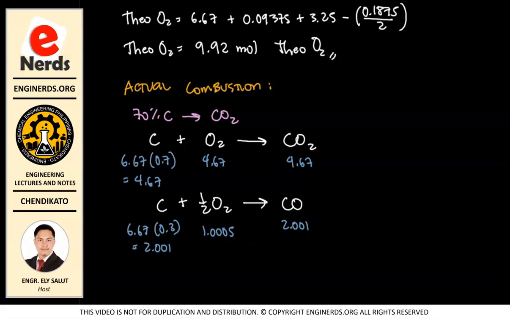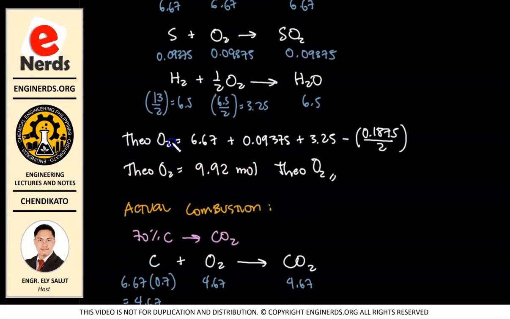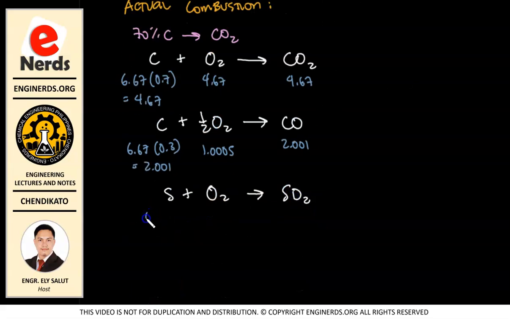All right, and we also know about sulfur, right? Let me just rewrite that here, but we already did this. Our sulfur is 0.09375. So this is all 1:1, so we already have that.